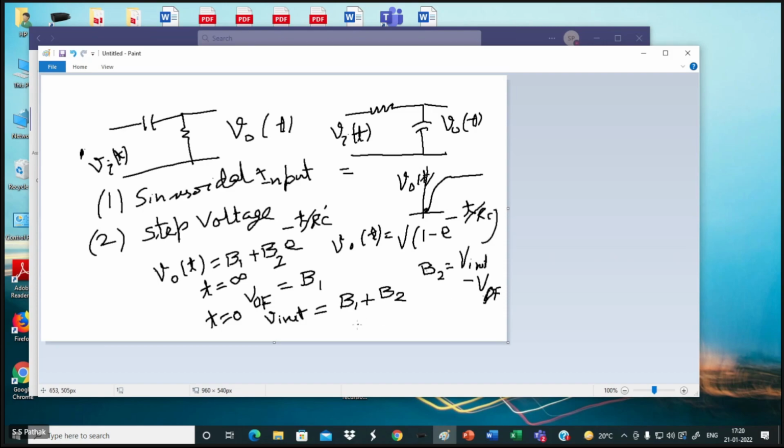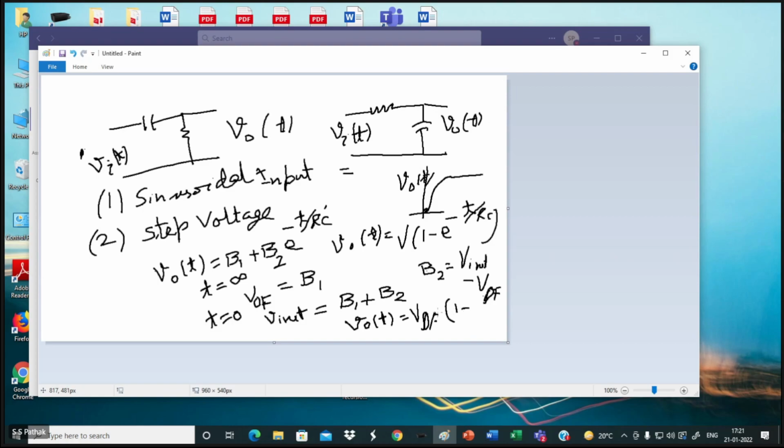So the equation becomes my V naught t. That output he has explained in a very nice way. I'm putting that in this form. B1 is your V naught F, bracket, it will be 1 minus... Is it there?